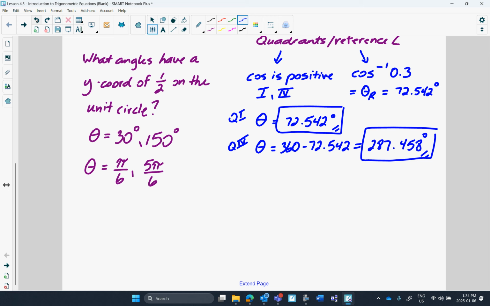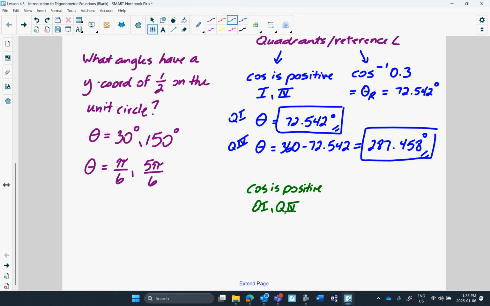So what you need to do is change your calculator to radians. Okay, so that's degrees. So if we do radians, cos is still positive in quadrants 1 and 4.